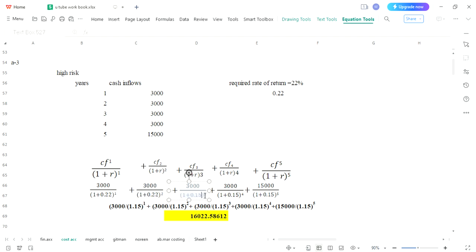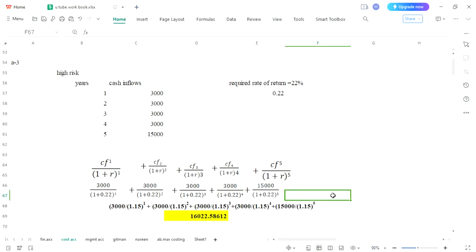Look, 15 is removed, 0.22 is written. 0.15 was written as 15%, and instead of this 0.22 is being posted for all statements. So in this way your formula has been completed, and on calculator you will be writing the same.